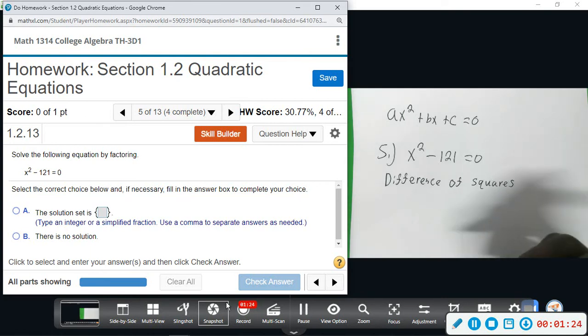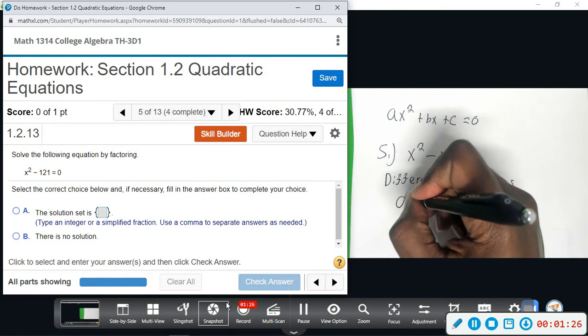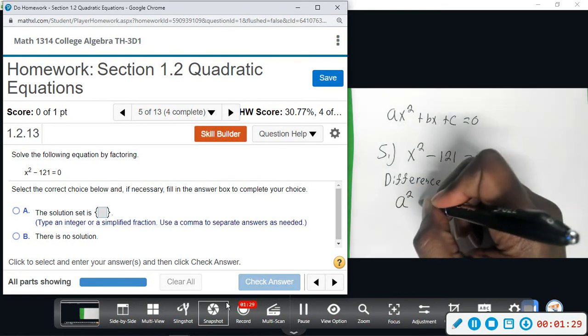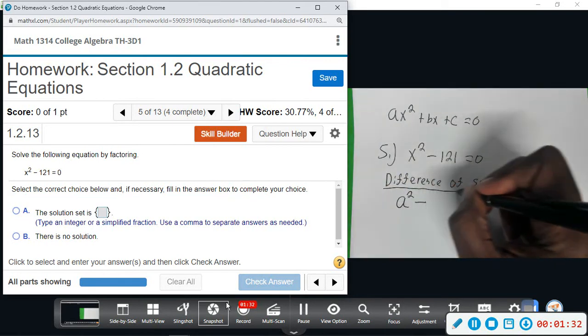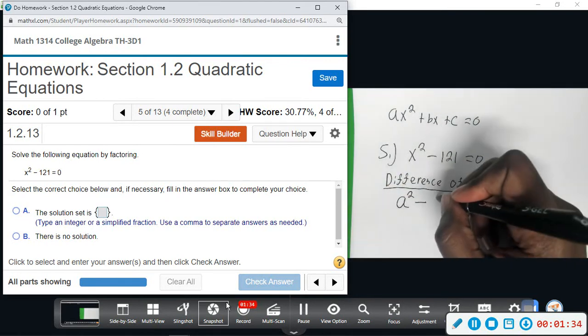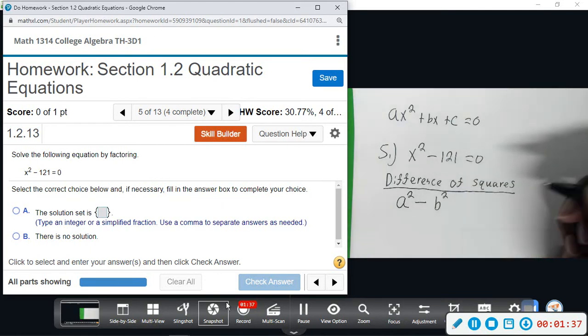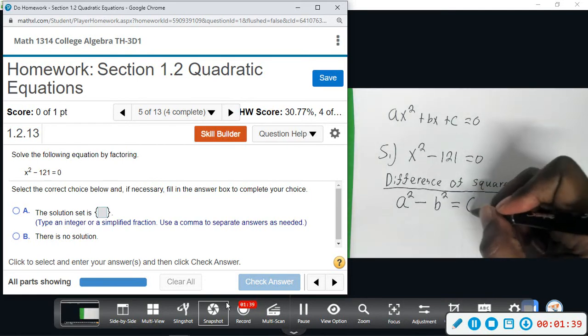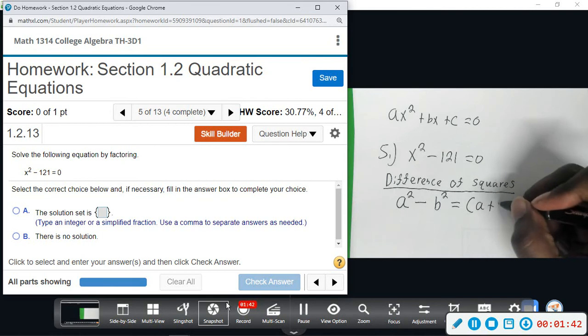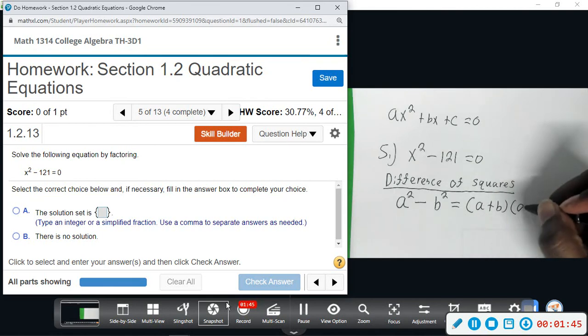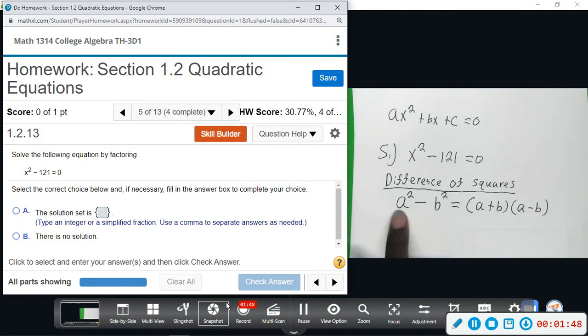Difference of squares says if you have a number squared, a perfect square, and you are subtracting, hence the difference part, another number that is a perfect square, then it factors using this formula: a plus b and a minus b. So you take the square roots, put those two together, add it and subtract it. That's it. You have to be able to see each number as a square.